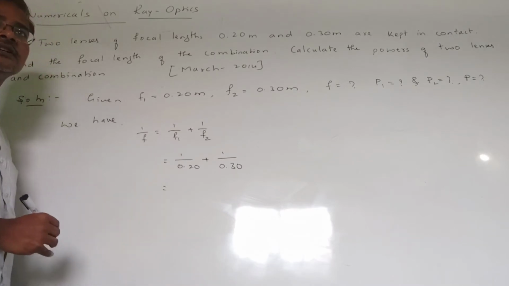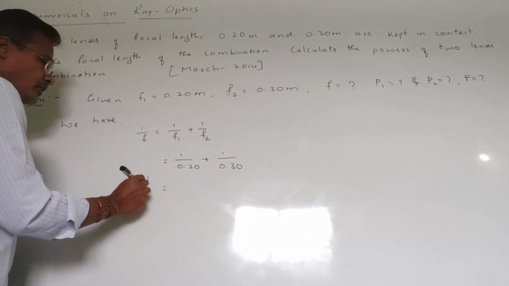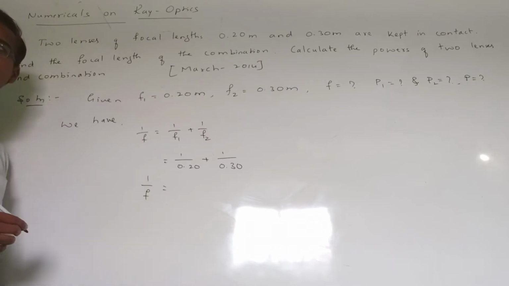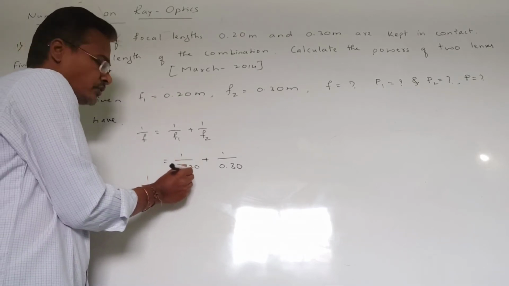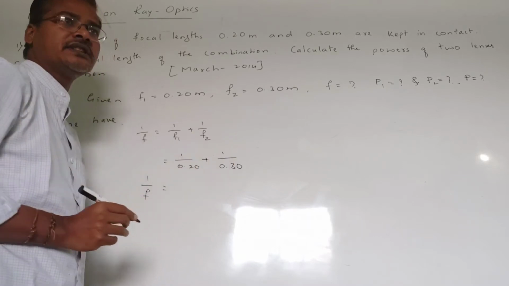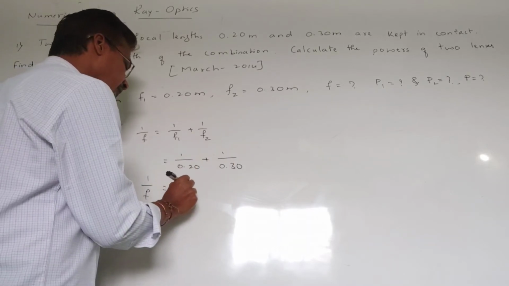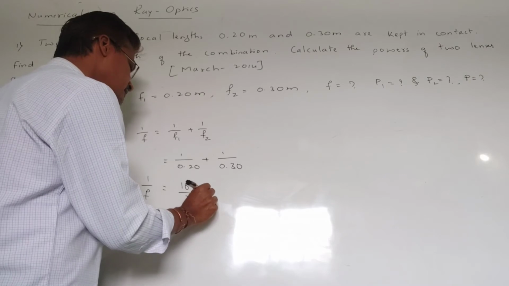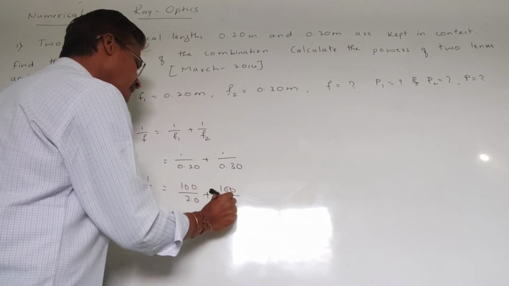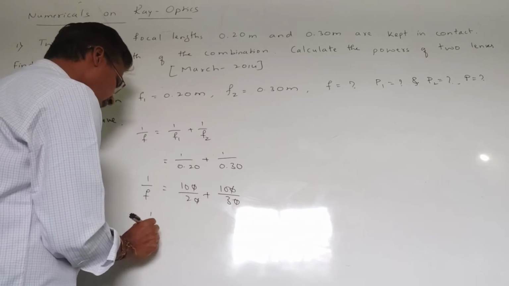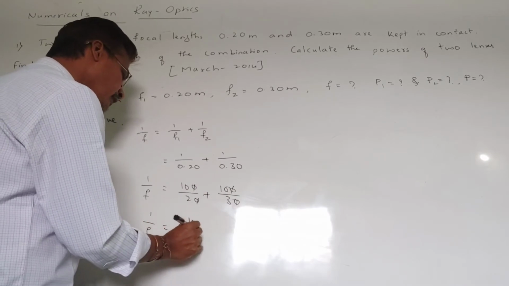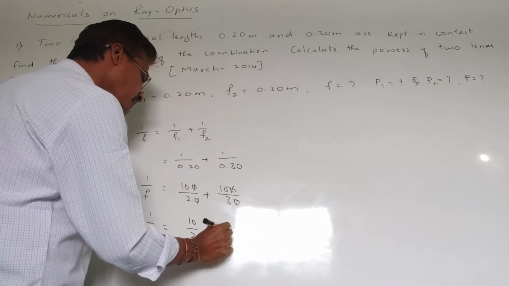Let us see what 1 by 0.20 comes to. 1 by f equal to, take the LCM. 1 by 0.20 becomes 100 by 20, plus 100 by 30. The zero gets cancelled. So 1 by f equal to 10 by 2 plus 10 by 3.